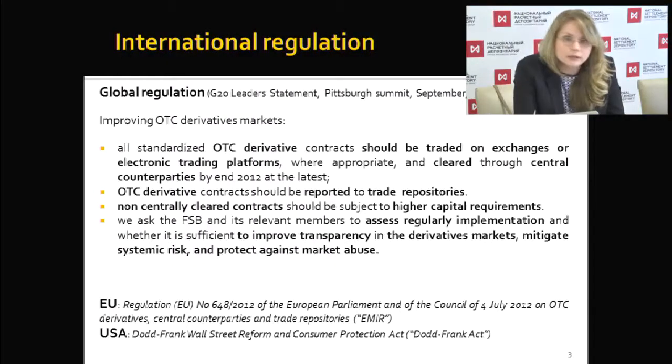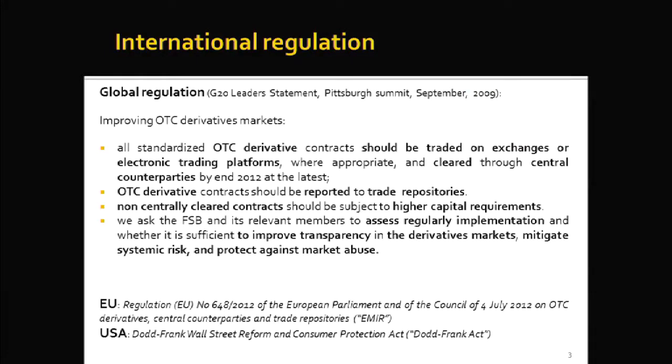If we look at global, international regulation of trade repository activity, we of course talk about the leaders' statement of the G20 at the Pittsburgh summit, September 2009.